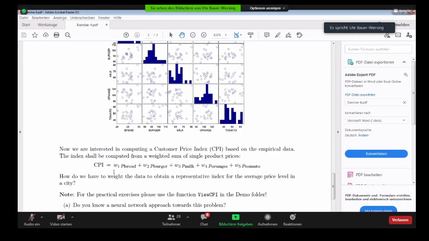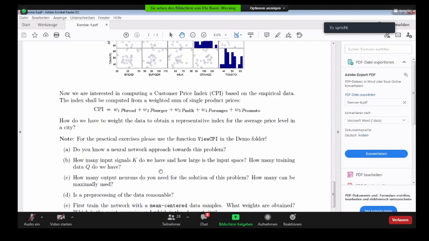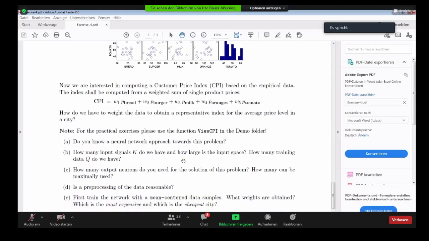This looks a bit like a linear net, like PCA. This is something we can solve with a linear net because we will get the direction of the price distribution for these different products where we have the most scatter.